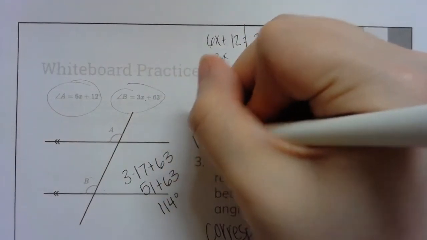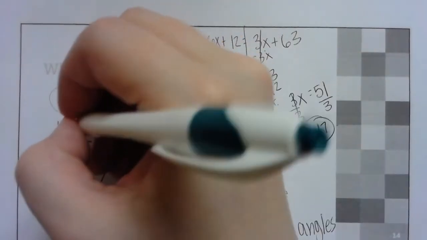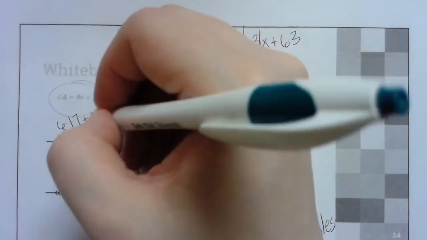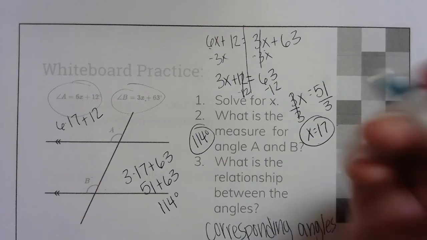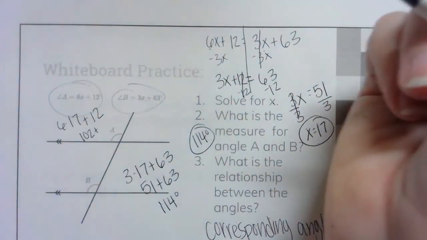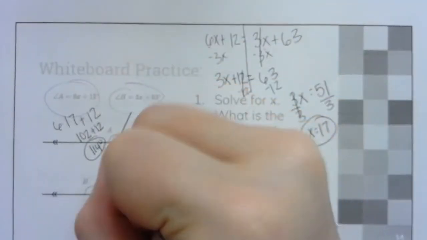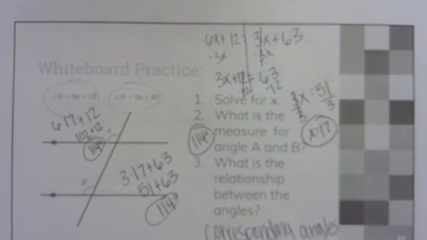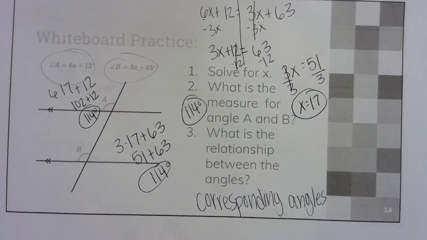Now, I could always go back and check my other one because 6 times 17 plus 12 should give me the same thing. 6 times 17 is going to be 102. So then 102 plus 12 should also give me 114. So because this is equal to this, I know that I have the correct value for x because there's only one number that would make that true.